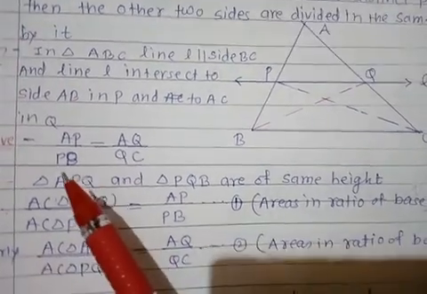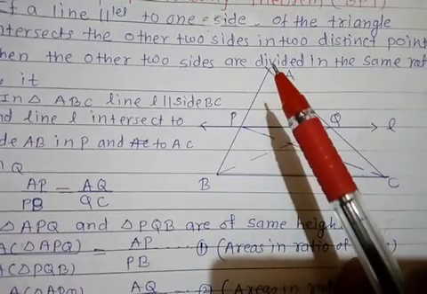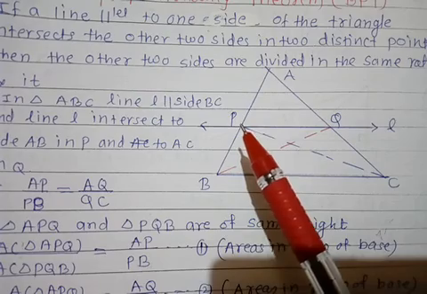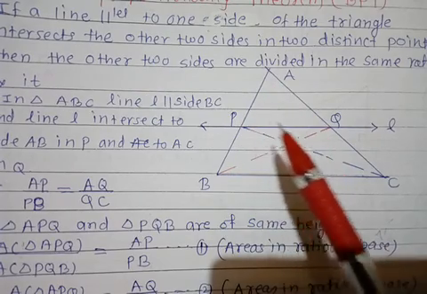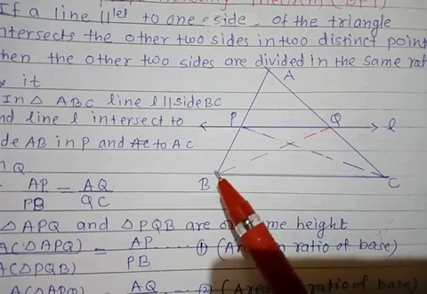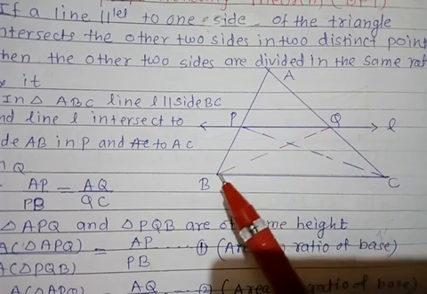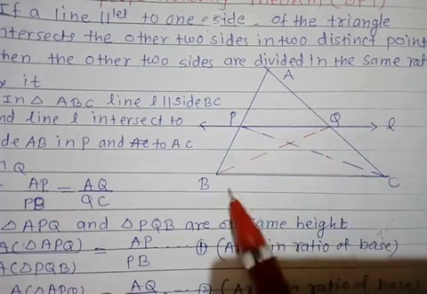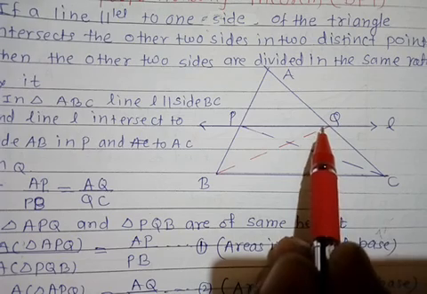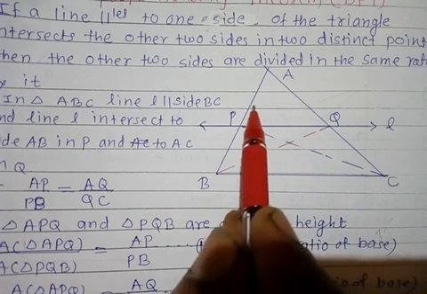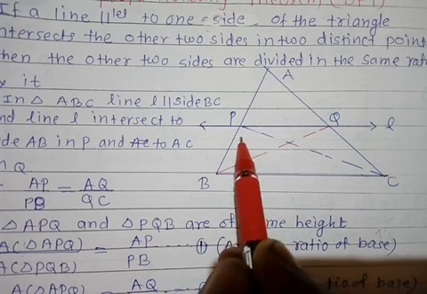Then look here. First take one triangle, that is APQ, and here QPB. These are the two triangles you have to take first. And if you draw the height, then it is an obtuse angle triangle.